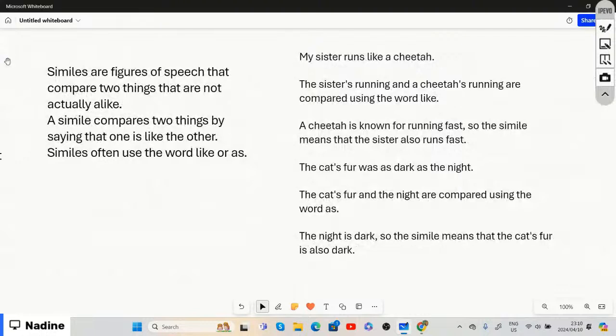So once again, similes are figures of speech that compare two things that are not actually alike. And listen, they are not actually alike.